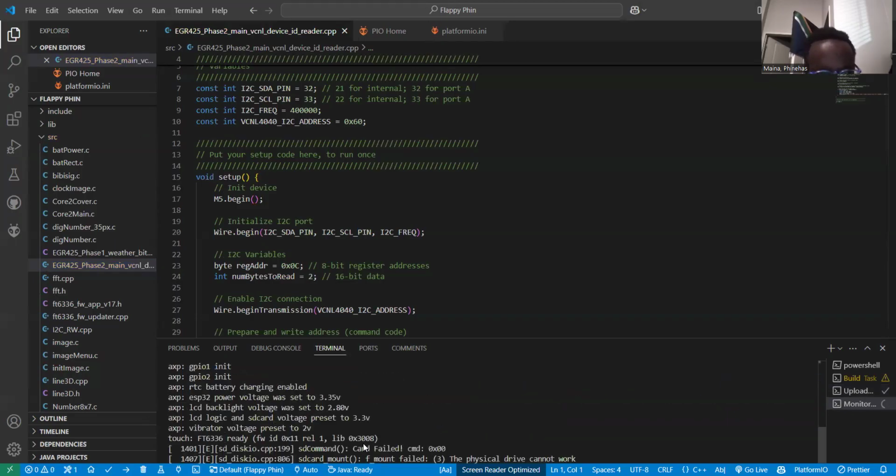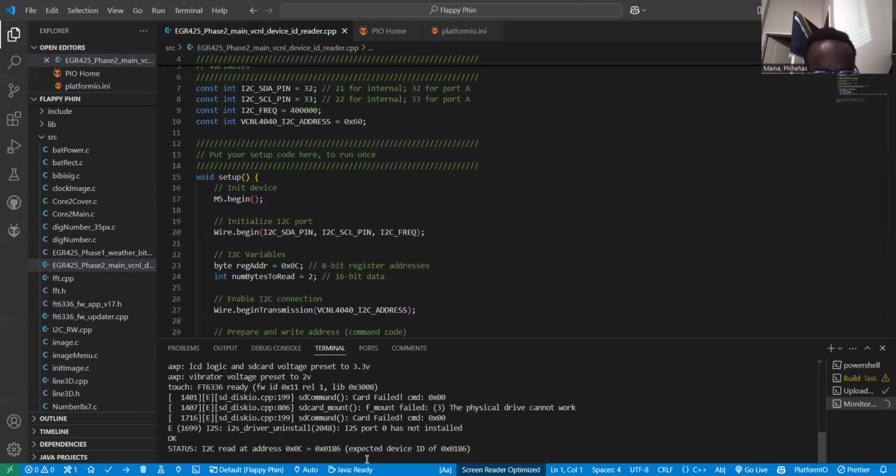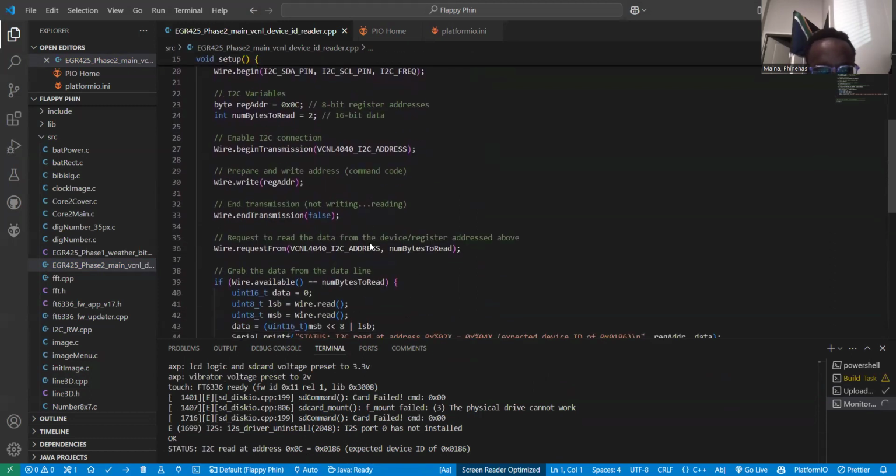Okay, so here we go. We had an expected device ID of that, and that's what we got when we ran this file. And that is phase two, part three, I think. Yes. Phase two.